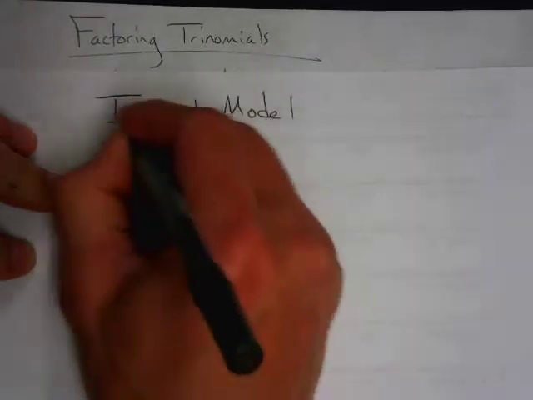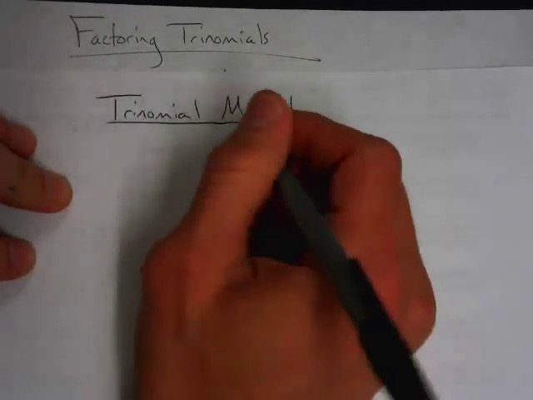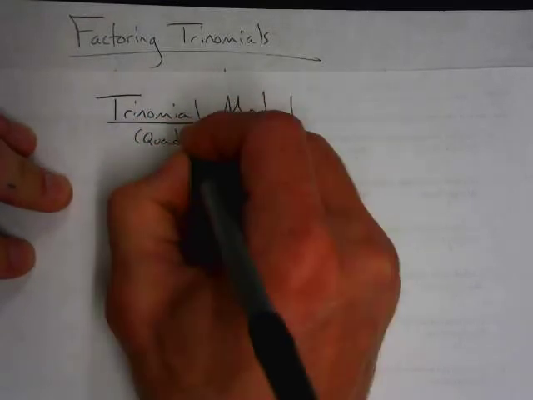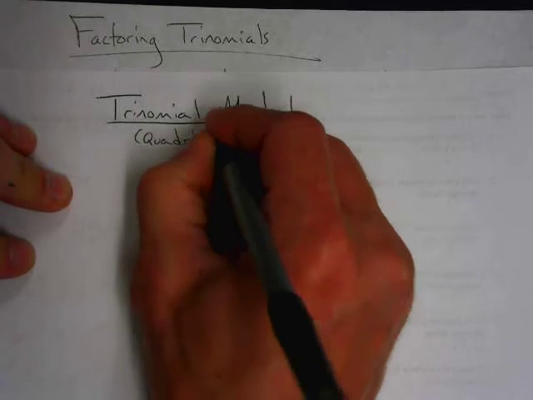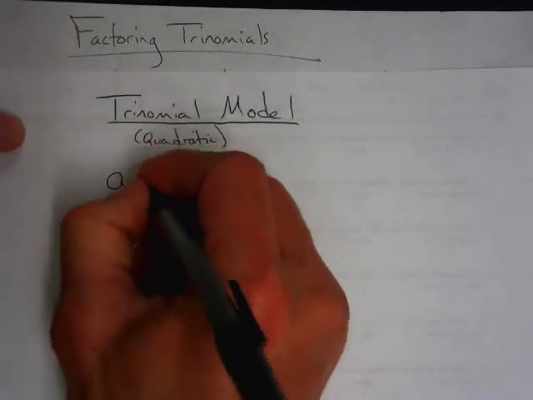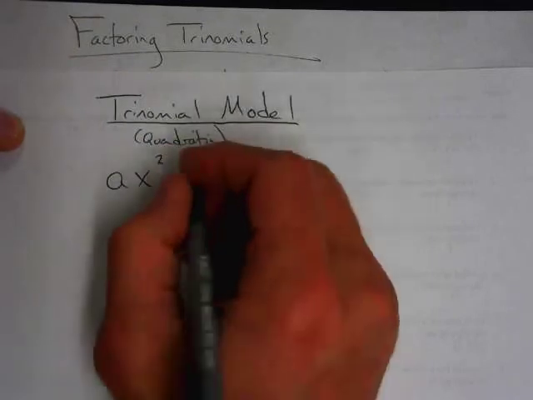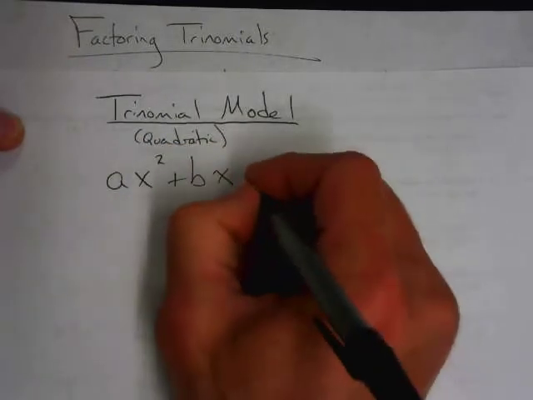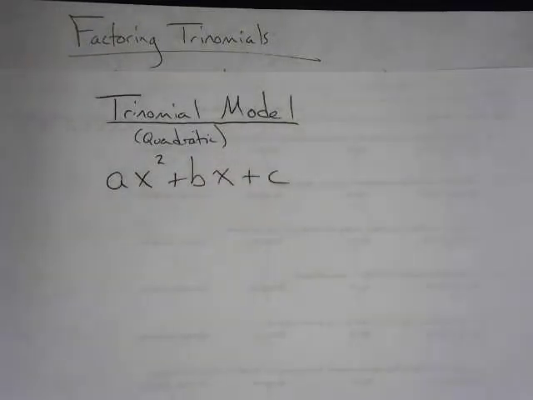A quadratic trinomial model follows this suit: some number times x squared plus some other number times x plus some constant number.